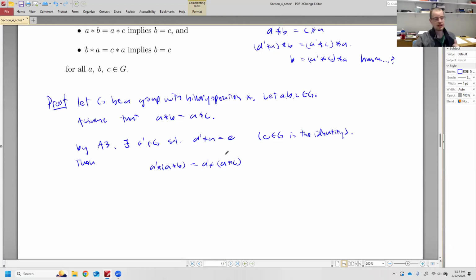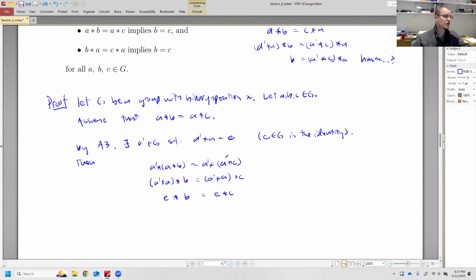When I do that, I can recognize that G is associative, so I can combine these two things. A prime star A star B is equal to A prime star A star C. Life is good. A and A prime are inverses, so we get E star B is equal to E star C. Now, this might seem like it's just a lot of details that don't need to be there, but I'm really trying to make sure that we understand each individual step and the importance of those axioms.